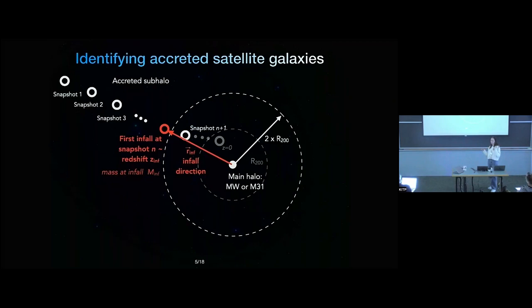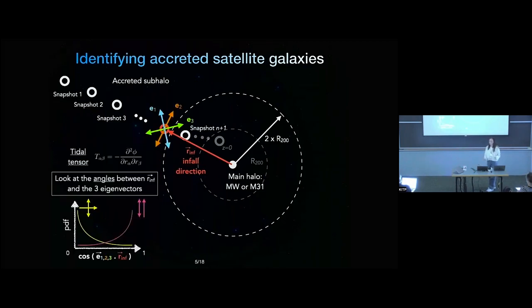By going backwards and following the trajectory of the satellite galaxies, we can identify the place and time of infall, and then define infall parameters such as redshift, the mass, and also, which is the main parameter we're going to look at, the direction of infall. What we want to do is to compare the direction of infall to the cosmic web.